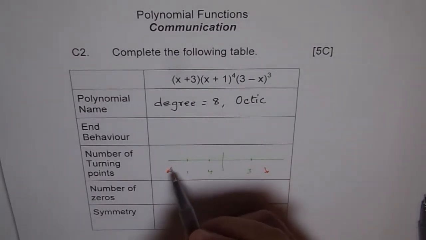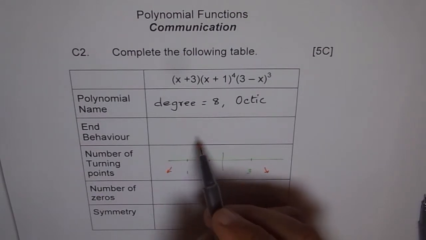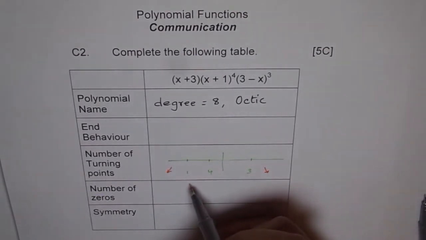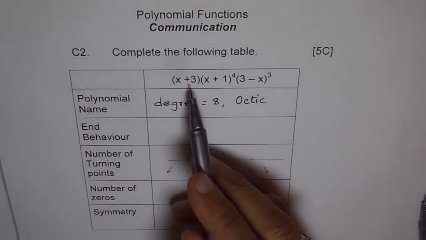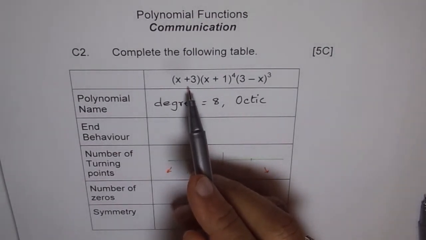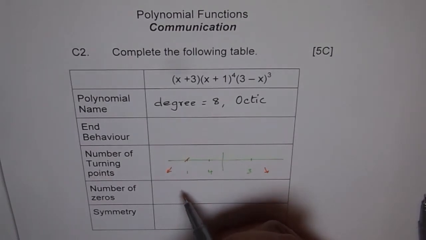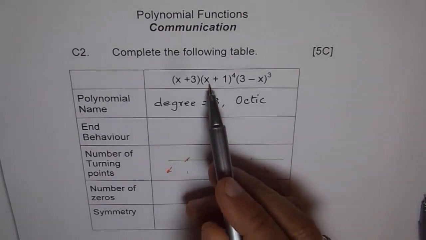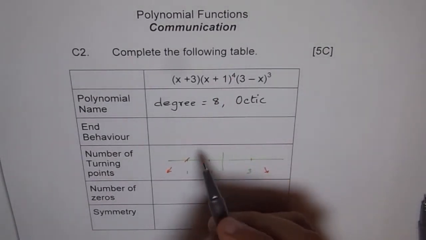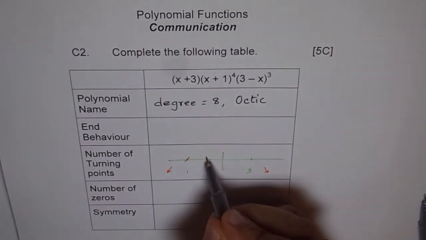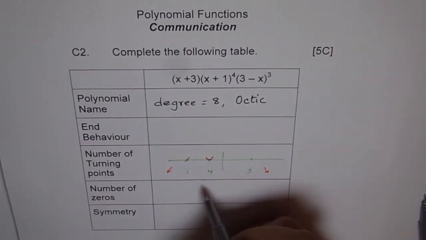Now from here, let's start from left to right. Now, the one at -3 is of order or multiplicity 1. So we are going to cross it like this, like a straight line. The one at -1 is of order 4. So once we are here, we have to turn flat. It bounces back.